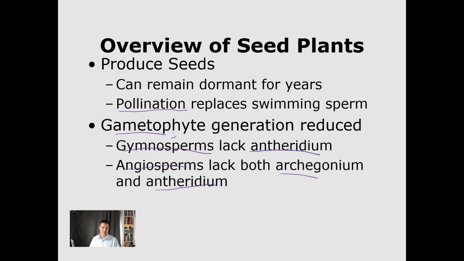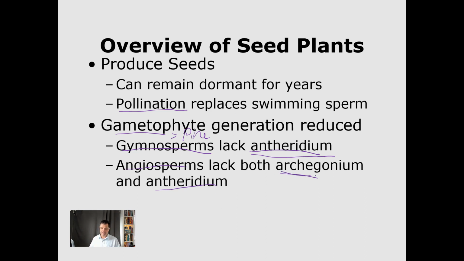Gymnosperms, which are going to be pine trees, are going to lack the male reproductive protective structures. So they'll still have the male structures producing the sperm, but they won't have the protective structures. And then when we get to angiosperms, which are flowering plants, they'll end up lacking both of those.